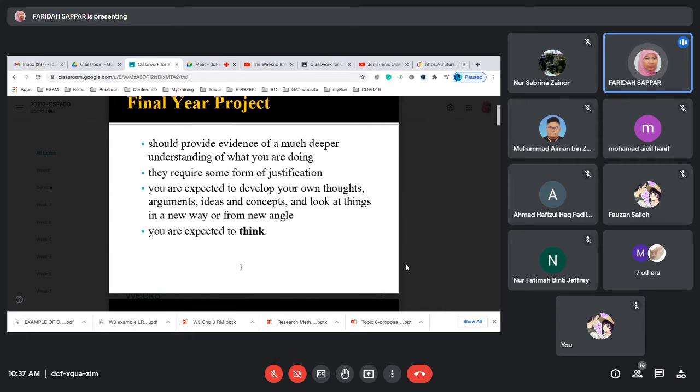Try to dalam research methodology ni, you try to buat section. Okay, you akan buat section ni dulu, section ni number 2, section ni number 3. So have a clear picture. You nak siapkan yang mana dulu, lepas tu discuss dengan supervisor. So ada kan you akan buat Gantt chart, so you buat Gantt chart, buat planning, siapkan yang mana dulu.